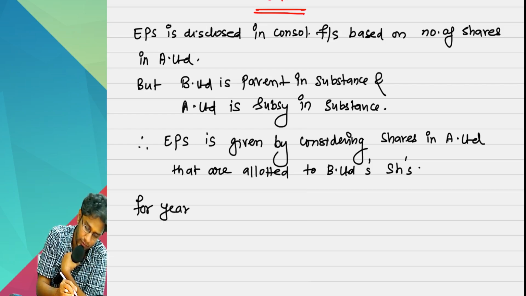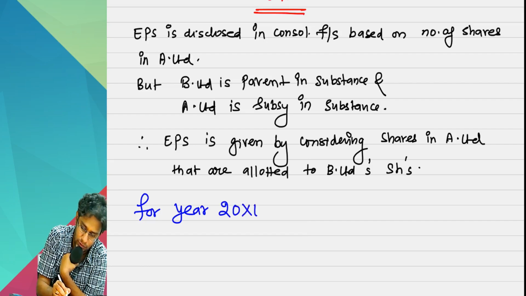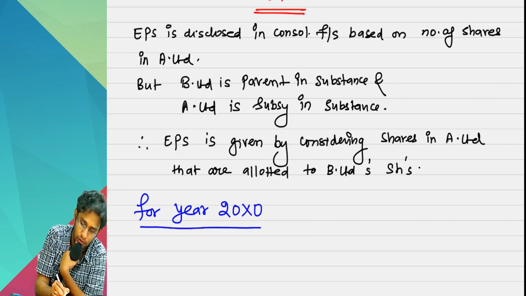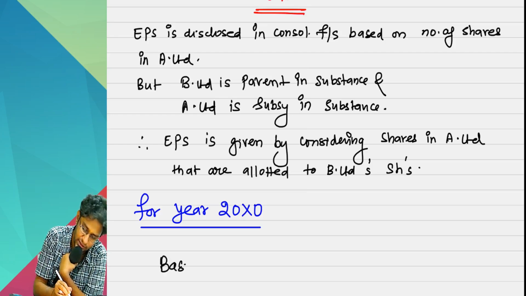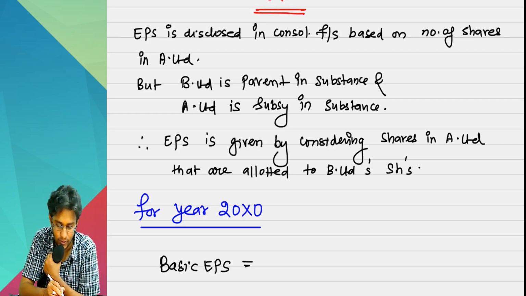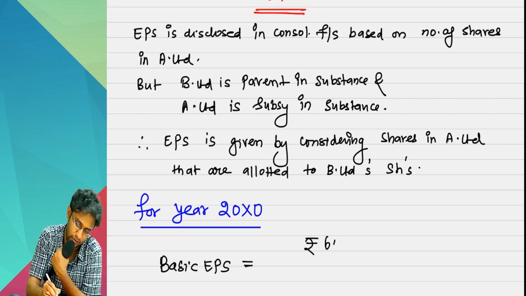For the year, last year first would be easy. For the year 20x0, basic EPS. What is last year's earnings given? 600.